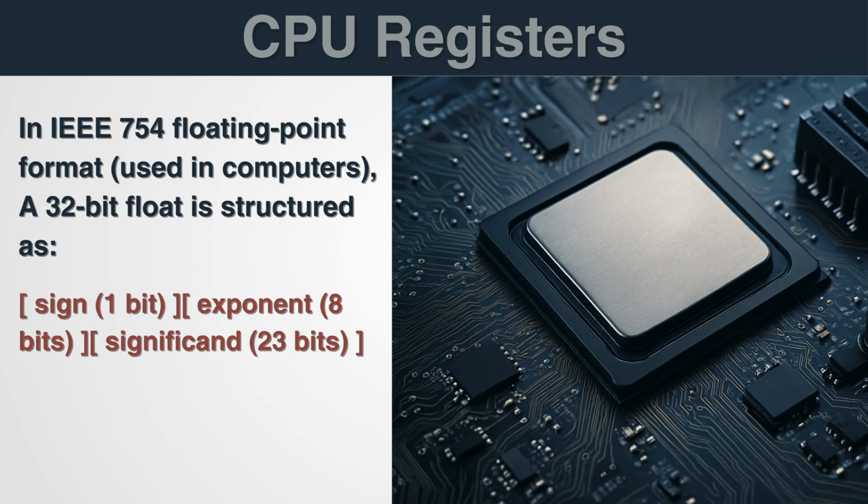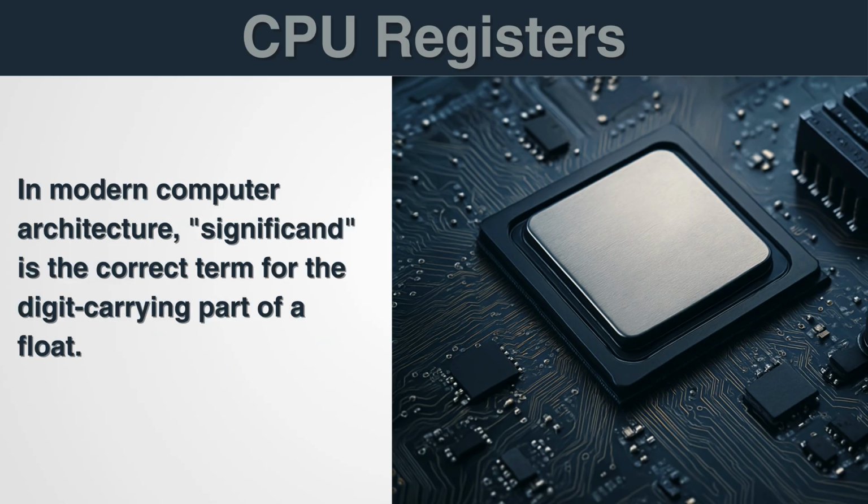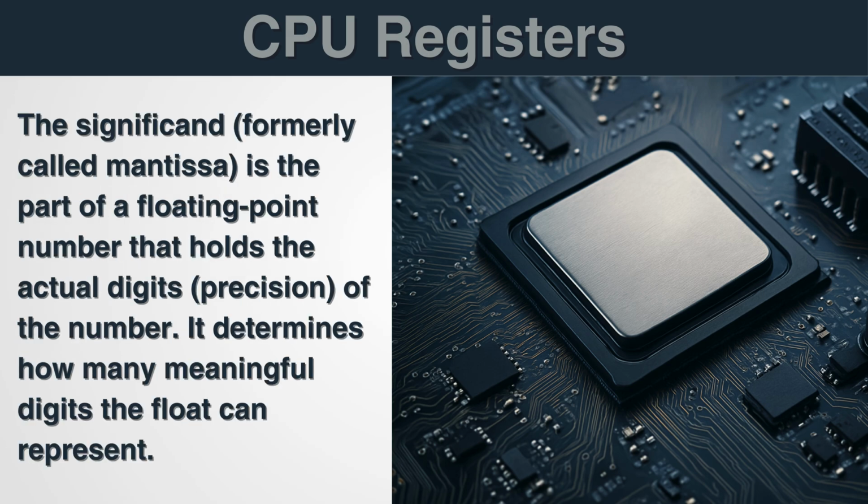So mantissa is historically used but technically incorrect. In mathematics, the mantissa is the fractional part of a logarithm. In modern computer architecture, significand is the correct term for the digit carrying part of the float. So it determines how many meaningful digits the float can represent.